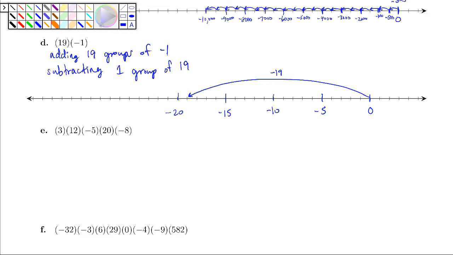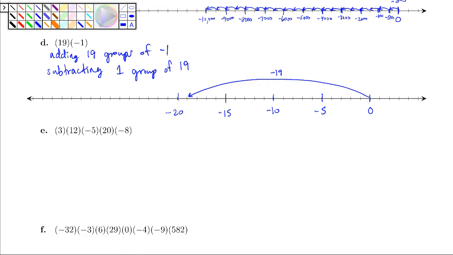If you think about the process, since I can put these two negatives together, they would make a positive, right? And then the rest of the numbers are positive, so it'd be like multiplying just all positives.